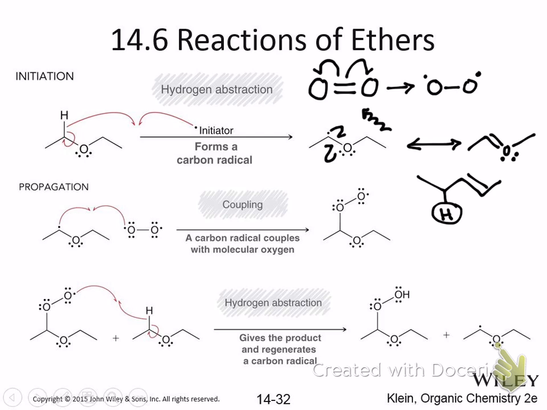So once you form this radical, you can form the radical here. It attacks an oxygen, so this comes from oxygen again. And you form these known as peroxy ether radicals. And then this protonates by attacking another ether, and so you end up with this guy here.